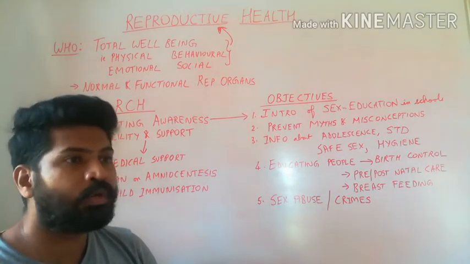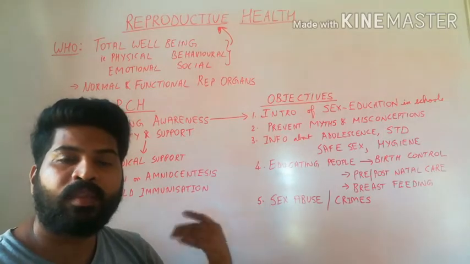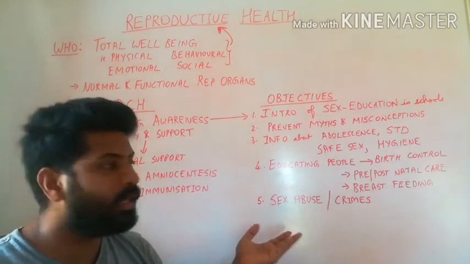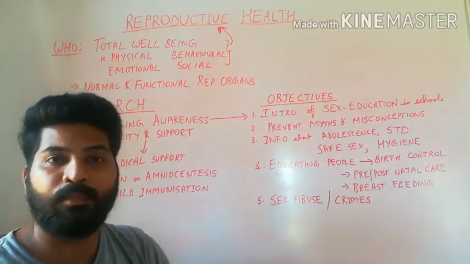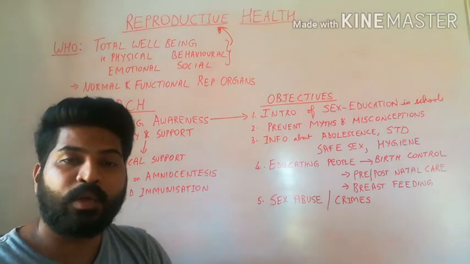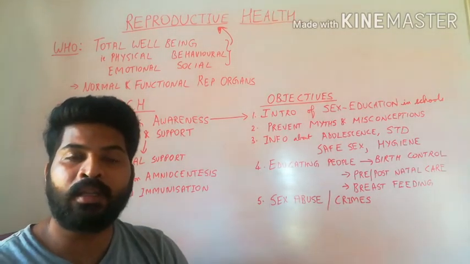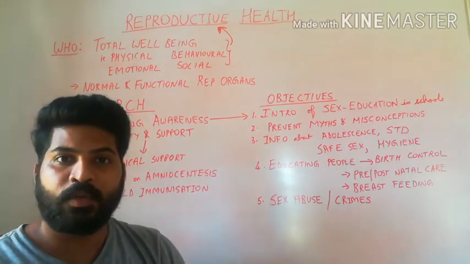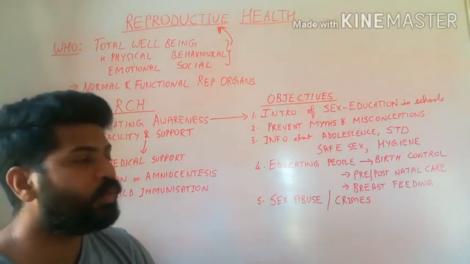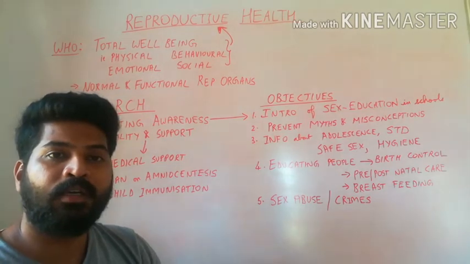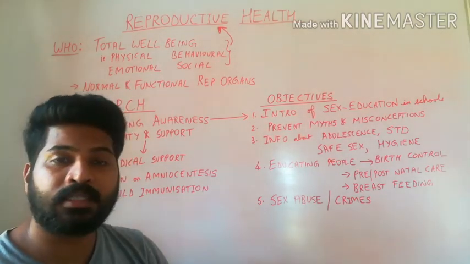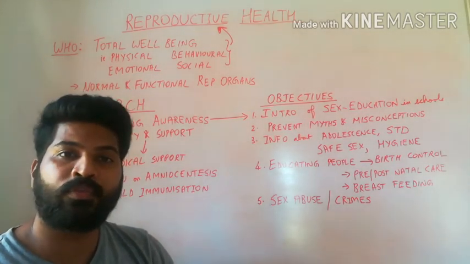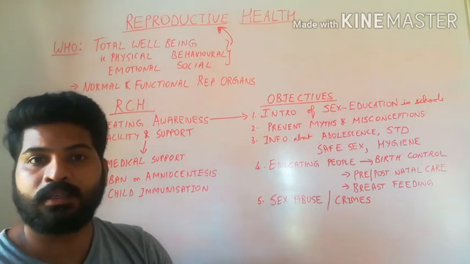Also, knowledge about proper care of the mother, prenatal care and postnatal care, is very important in reducing the mortality rate of both mother as well as the child. So during the past few decades, there has been a significant decrease in the death rate of maternal as well as the child.